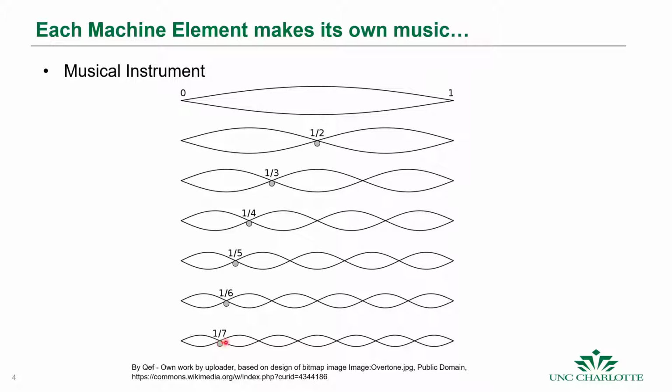Something you should be aware of when you're trying to measure the vibrations in a structure: if you have one of these higher order mode shapes and you place a sensor, let's say an accelerometer, right here, you're not going to get much of a signal because that's a node in that mode, or an antinode, and that's where you really have zero output if you have this oscillation going on in your machine.